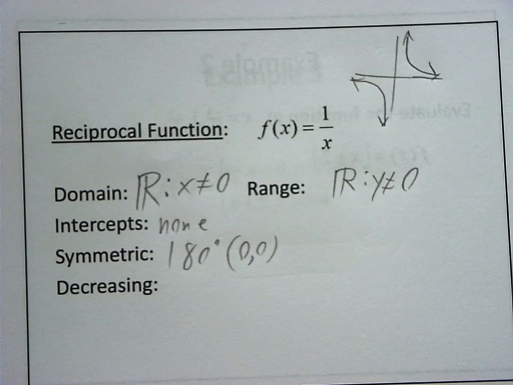When is this thing increasing? Never. It's always decreasing, except for when? So how would I write that? It's decreasing over what intervals?